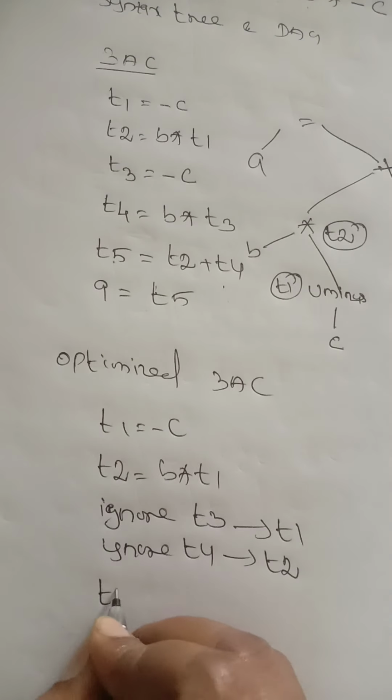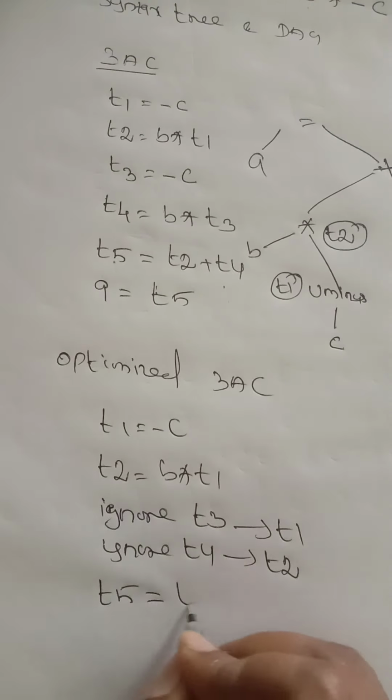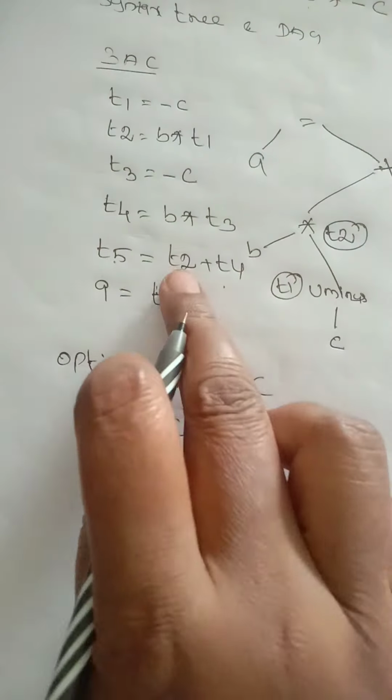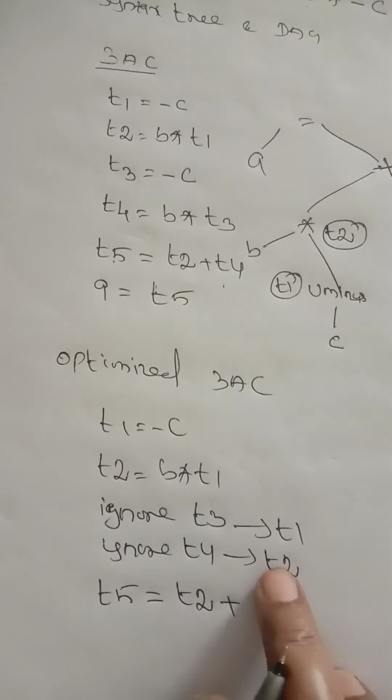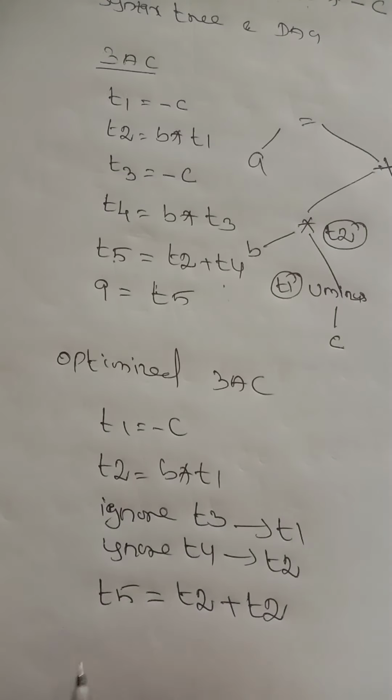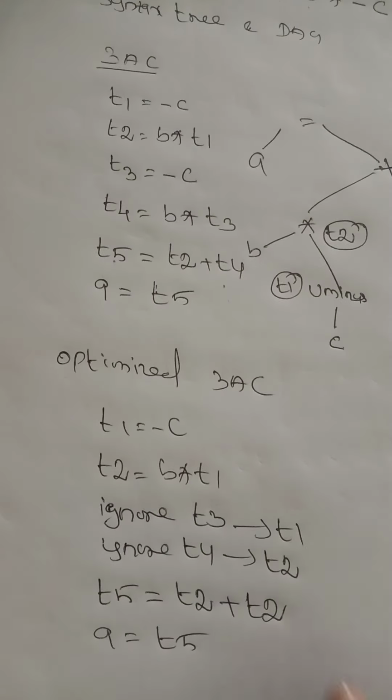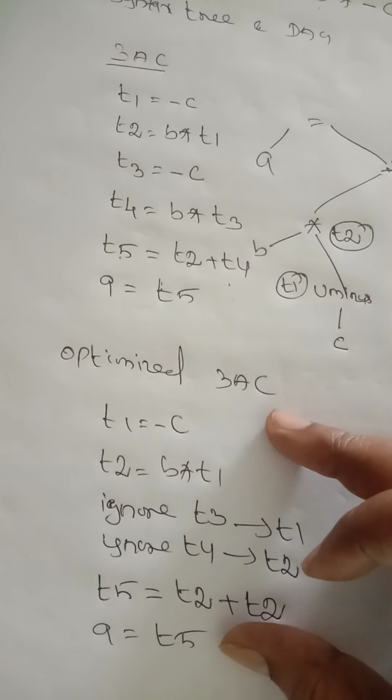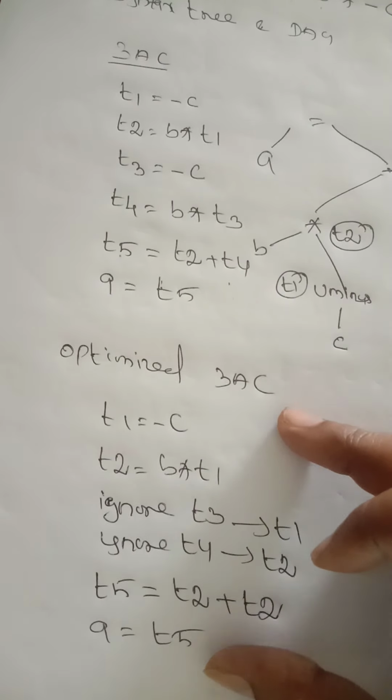So we write T5 equal to T2 plus T2, since T4 points to T2. Then assign A equal to T5. So this is called the optimized three address code.